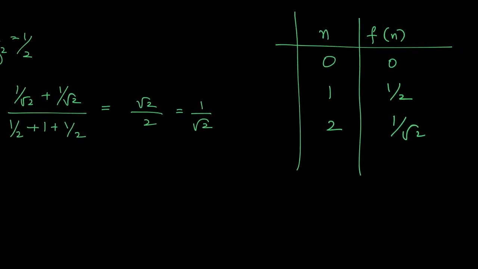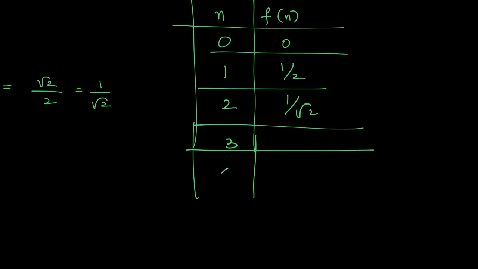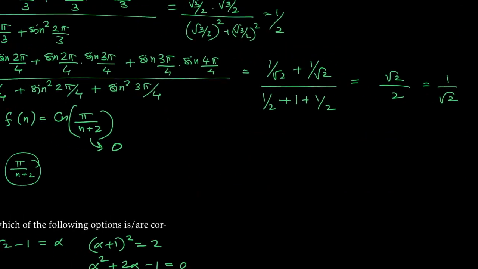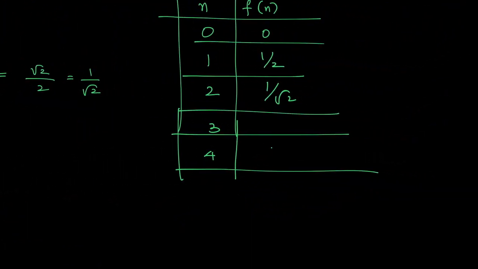You have not found out for n is equal to 3, but n is equal to 4, it is given in the question. You assume that that is also true. It is root 3 by 2. So you observe that there is a pattern, right? These numbers correspond to the basic trigonometric values, I mean the trigonometric functions of standard angles.